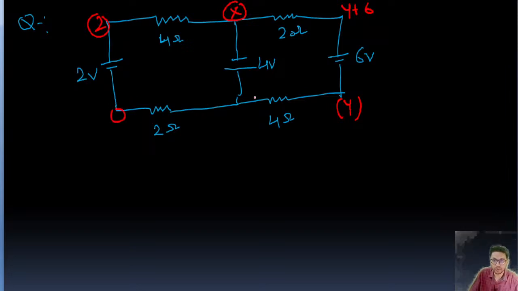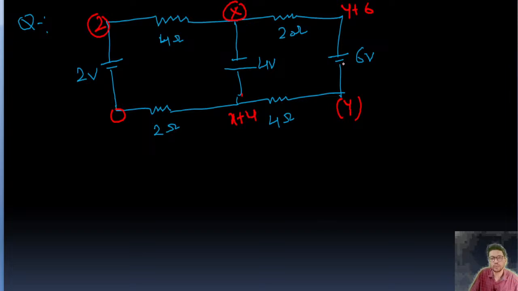Here this is y, and this voltage is going to be 4, because this is x. We need 4, so this is going to be x plus 4, because if we subtract x from x plus 4, then this is going to give 4. So this is x plus 4, and this is x.